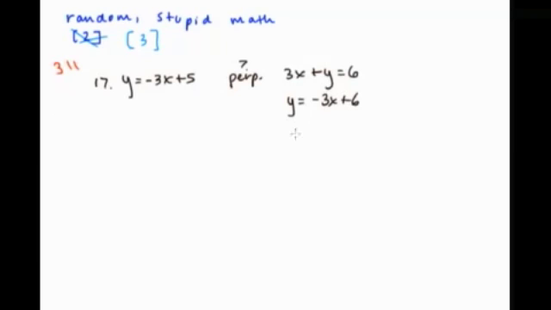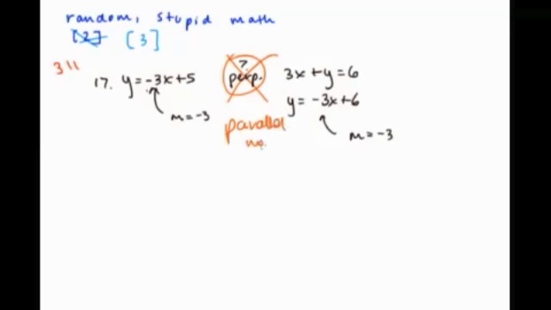Okay, now that we've done our trusty math, let's look at our slopes here. Slope is negative 3. This is also slope negative 3. Well, that's not perpendicular, is it? It's parallel, so no. You're wrong. It's parallel, not perpendicular.